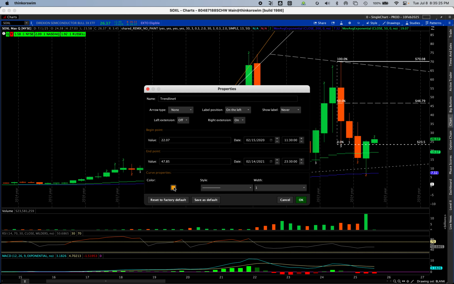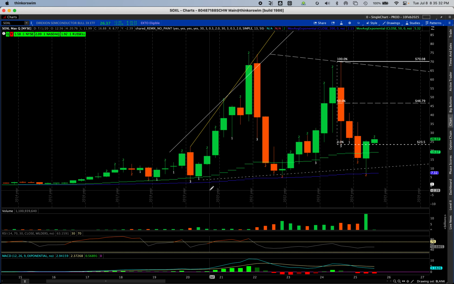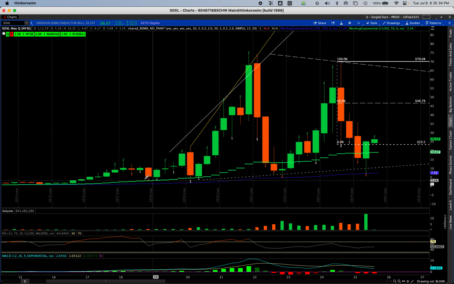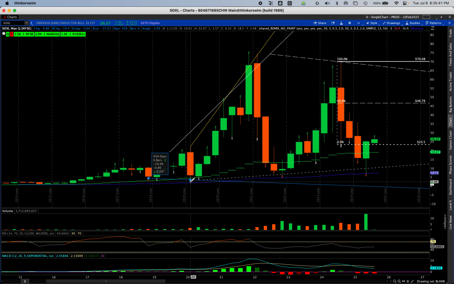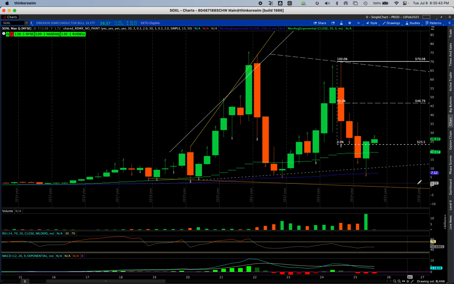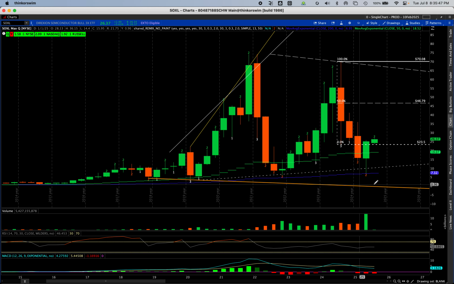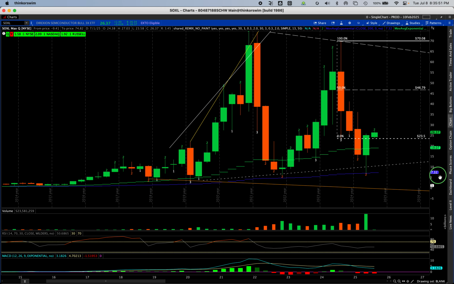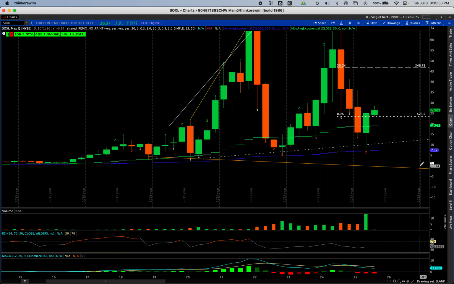Now what I'll do for quarterly broadening formations or quarterly markings is I make them yellow. So we've got that. And we also need to look for lower broadening formations. So we've got a low to a lower low. Ooh, that gets really close. Yeah, we don't even really need this one on here because as you can see, that's going into basically negative price territory, which we're not going to go to.